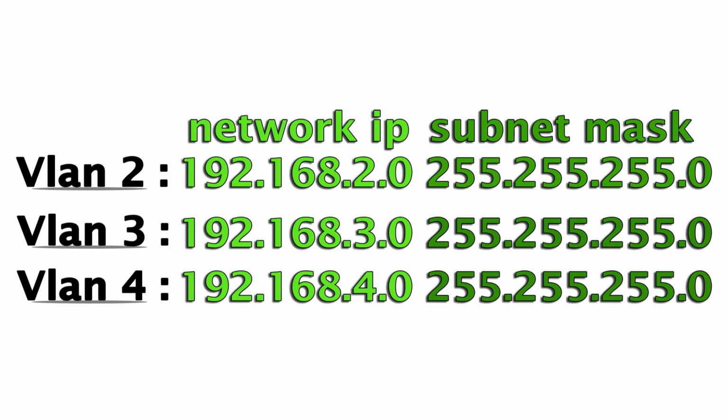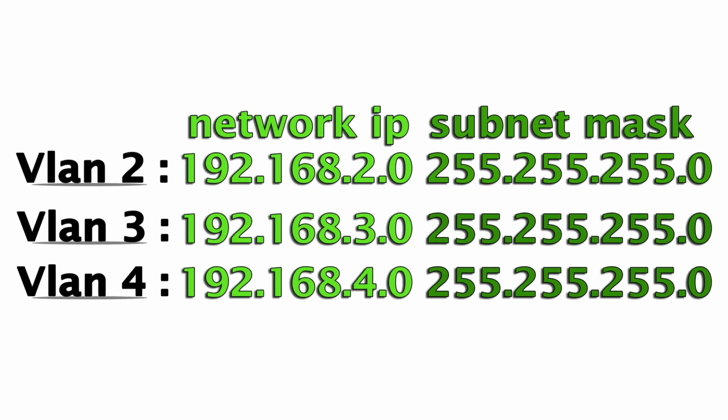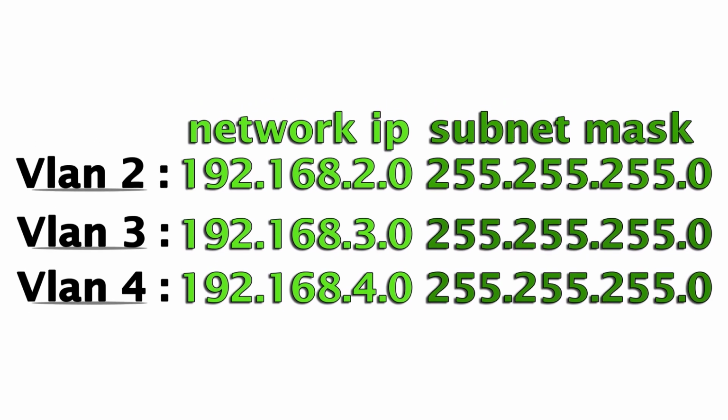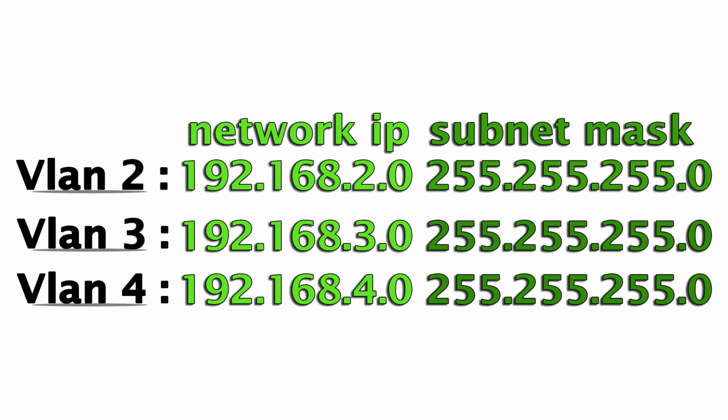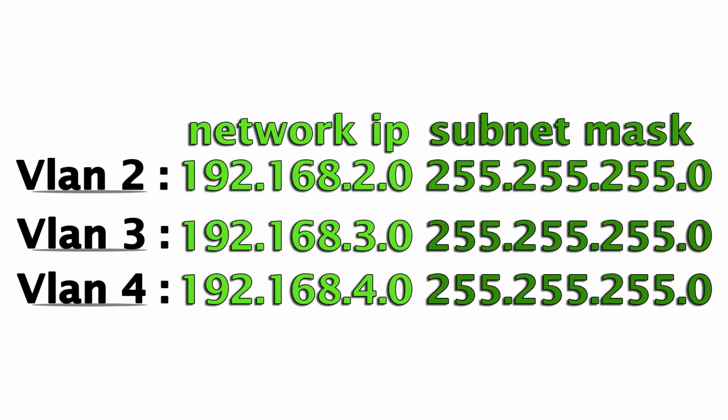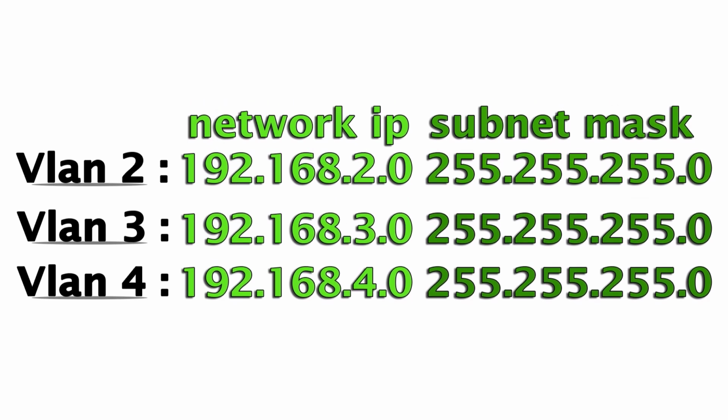VLAN 2 will be 192.168.2.0, which is the network address, with subnet mask 255.255.255.0. VLAN 3 will be 192.168.3.0 and VLAN 4 will be 192.168.4.0. I will increase the speed of the network and reduce the traffic.